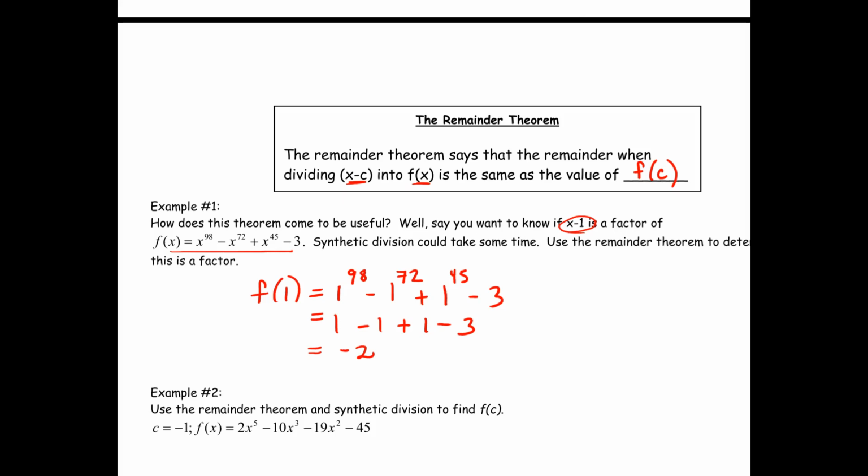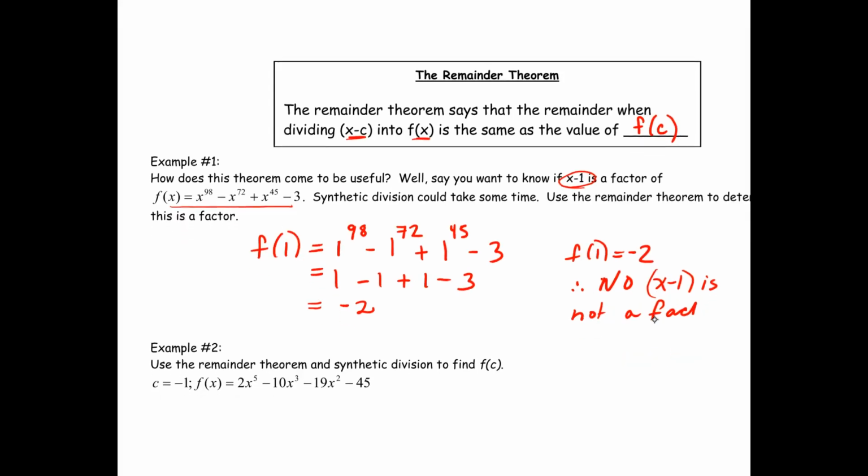So is x minus 1 a factor? No. So you could say f at 1 equals negative 2. Therefore, no, x minus 1 is not a factor. And if you extend that graphically, that would mean that x equals 1 is not an x-intercept.